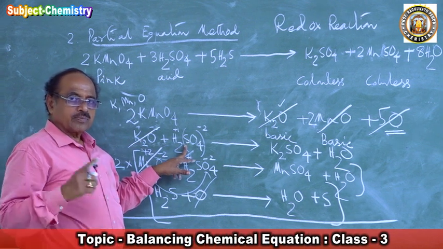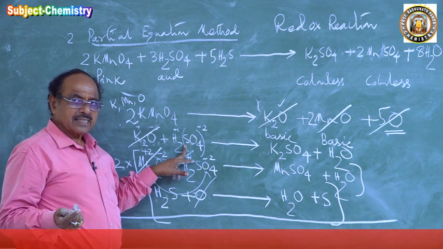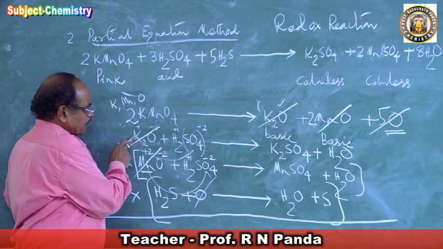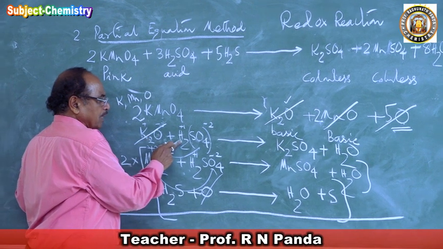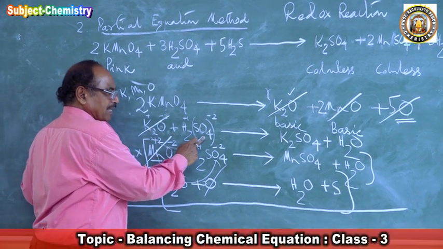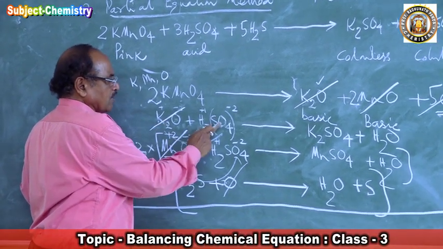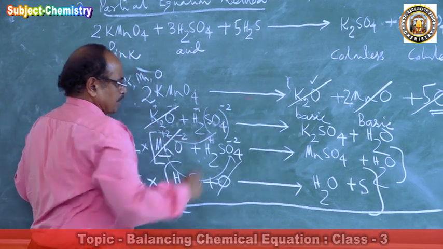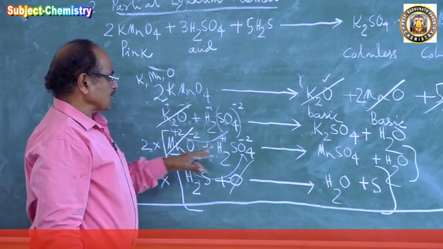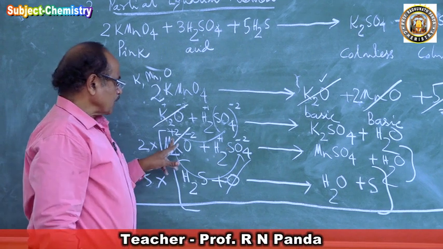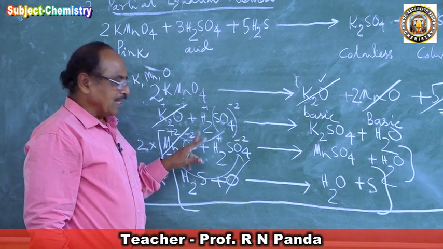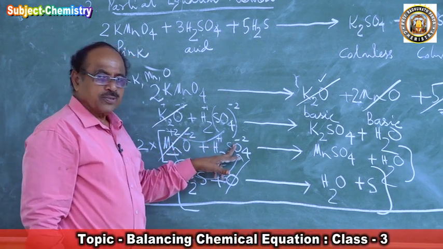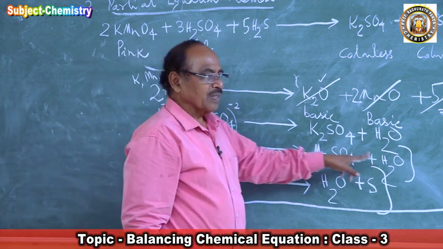An acid reacts with a base to form salt and water. Here potassium is plus 1, oxygen is minus 2, hydrogen is plus 1, sulfate is minus 2. So potassium sulfate will form as the salt, and water. Then MnO plus H2SO4. Mn is plus 2, oxygen is minus 2, hydrogen is plus 1, sulfate is minus 2. So it will form MnSO4 plus water.